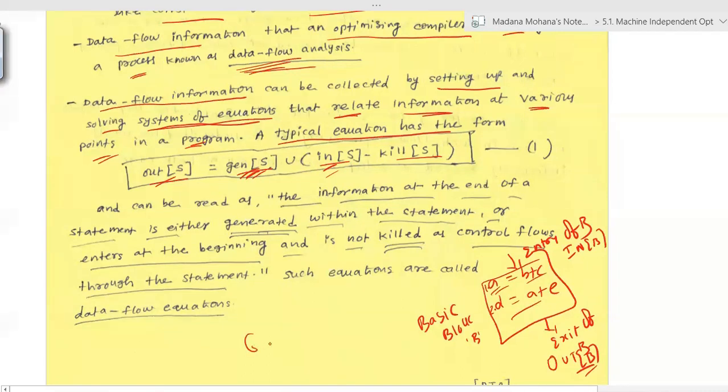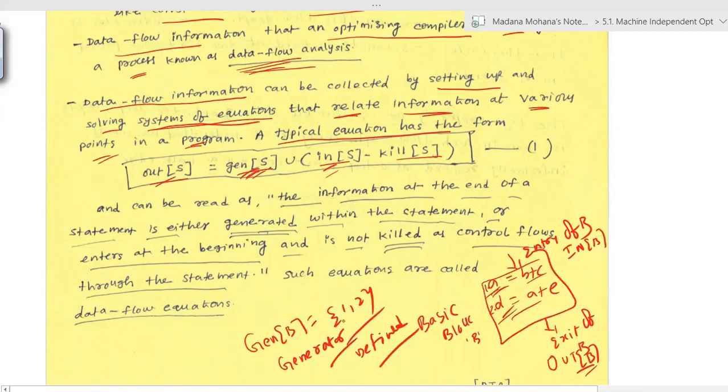In this block, gen of B equals statement numbers 1, 2. These are the statements defined or generated. Gen stands for generated, that means defined. A equal to, D equal to, so two statements are defined, and those statement numbers we give under the gen values.